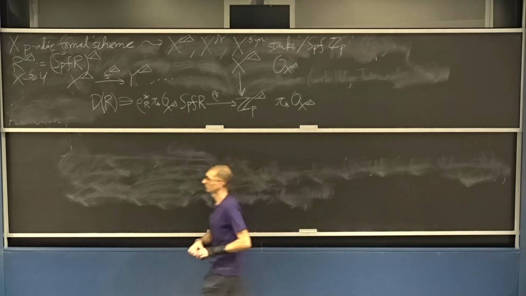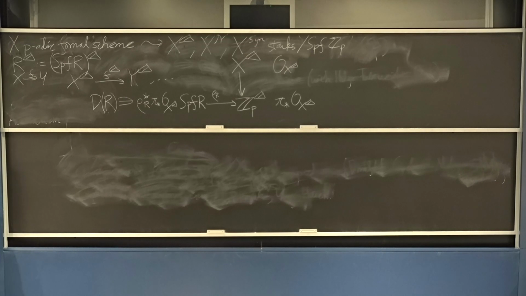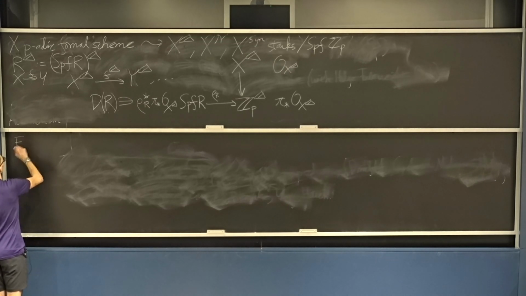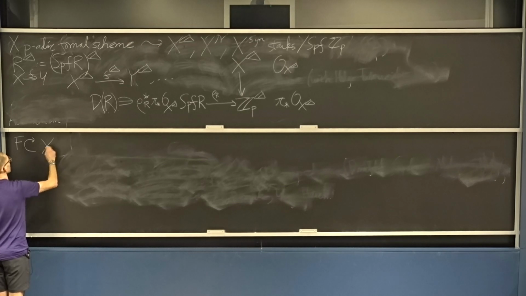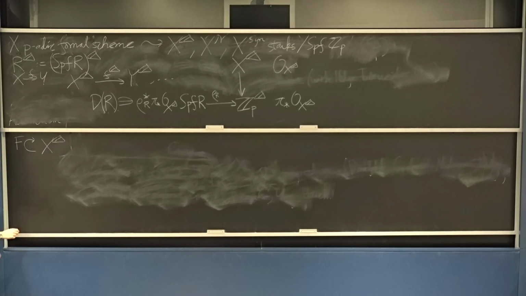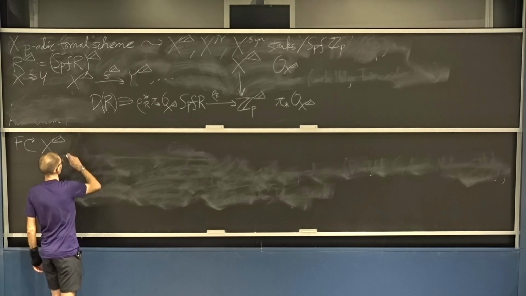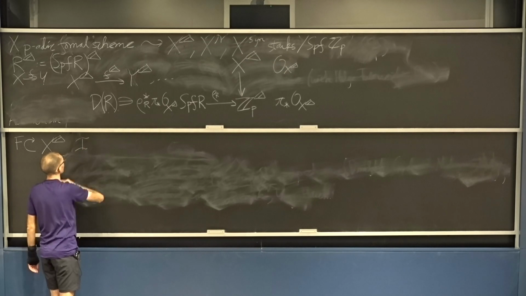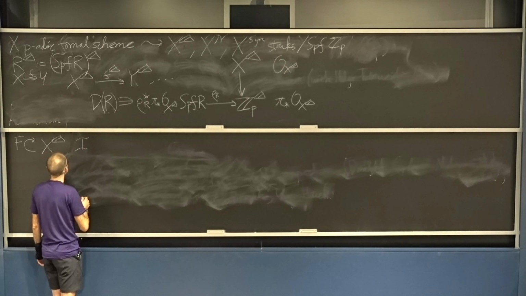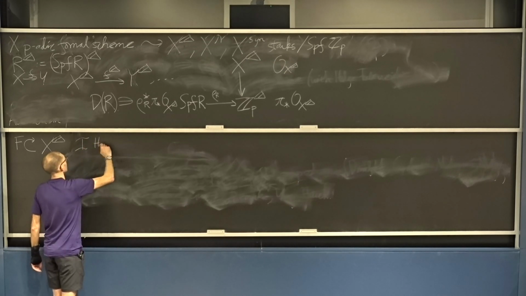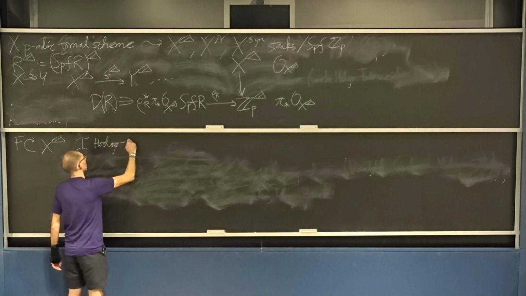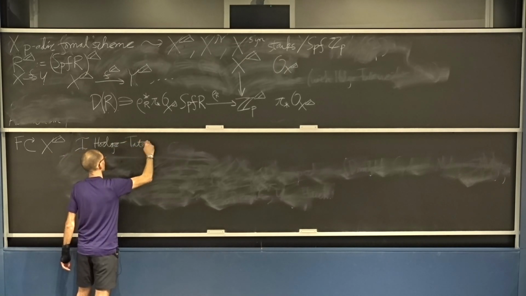We'll see a bit later that on these stacks, on X-prism, there's a Frobenius. This is some Frobenius lift of the obvious Frobenius mod p. And there's also an ideal sheaf, maybe I'll call it I, which is what's called the Hodge-Tate sheaf.